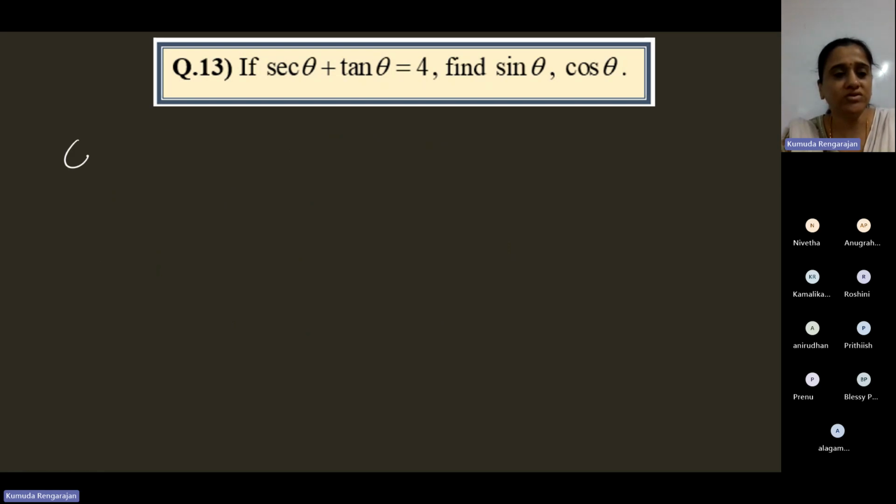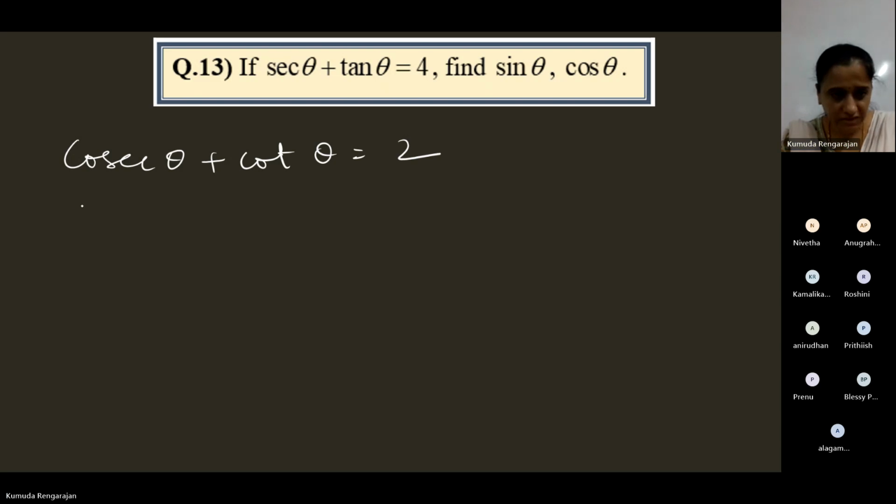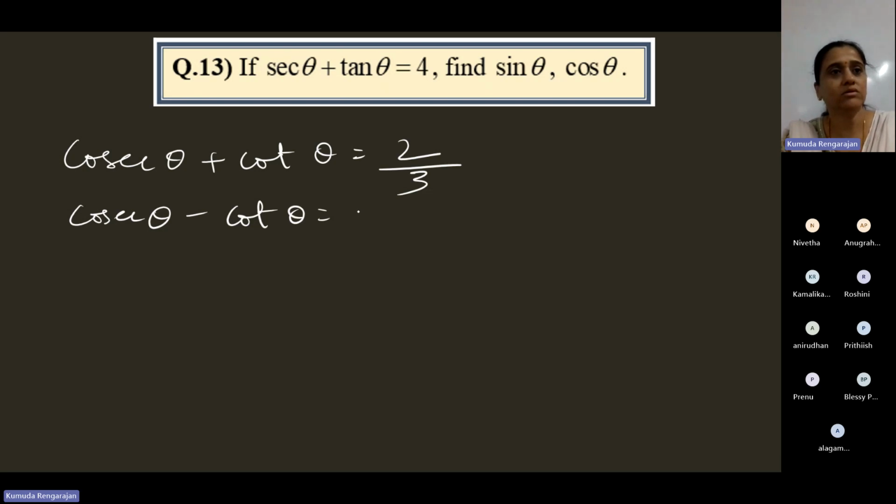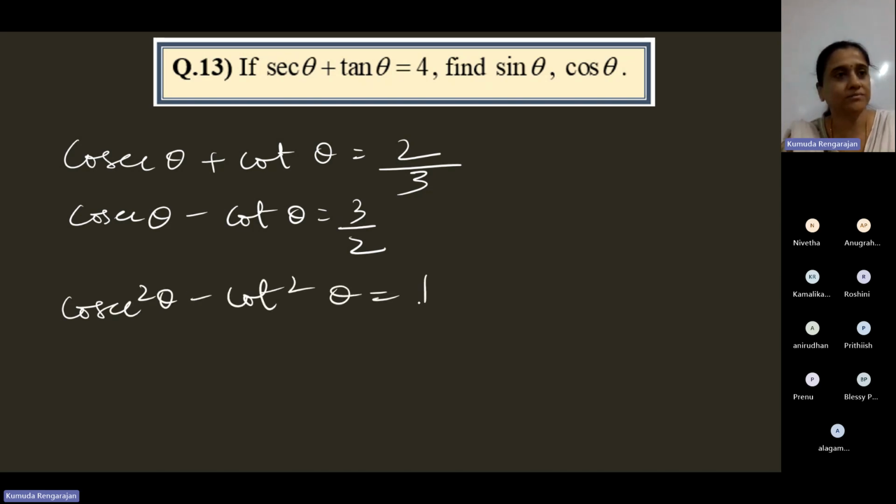Similarly, if cosecant theta plus cot theta is equal to say 2 by 3, then cosecant theta minus cot theta will be equal to 3 by 2. Because it's the same thing. Cosecant square theta minus cot square theta is 1.